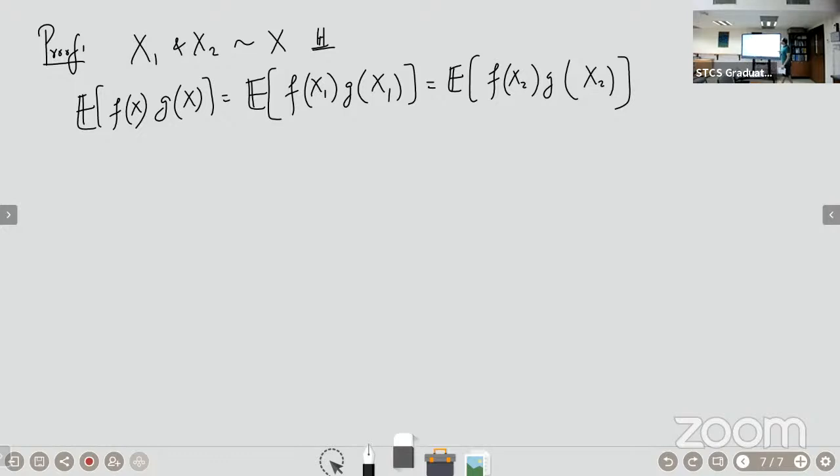So what should I do now? I can use the independence property of X1 and X2.